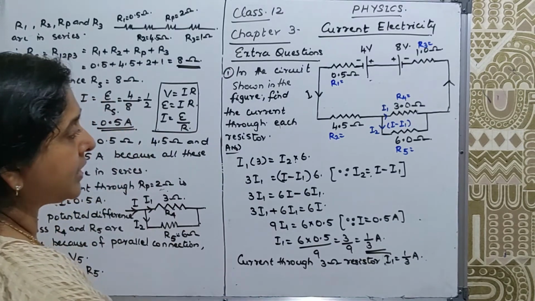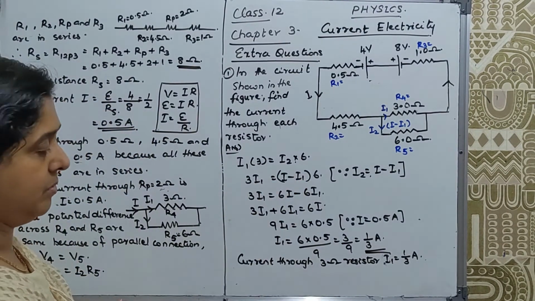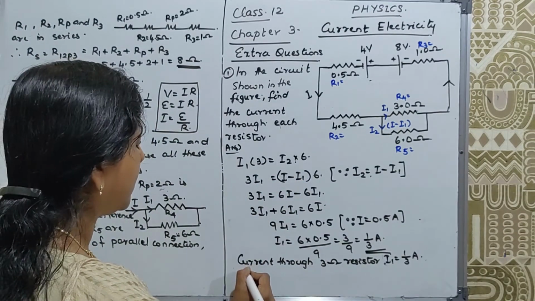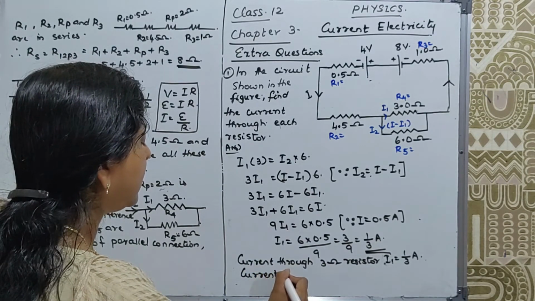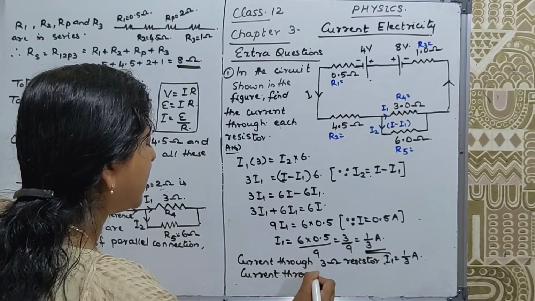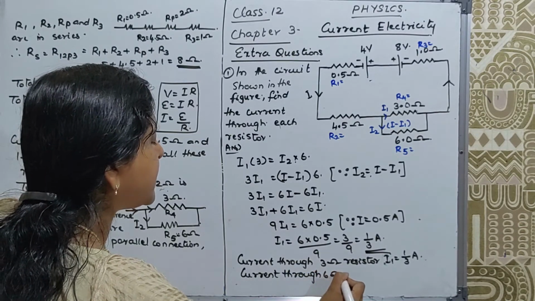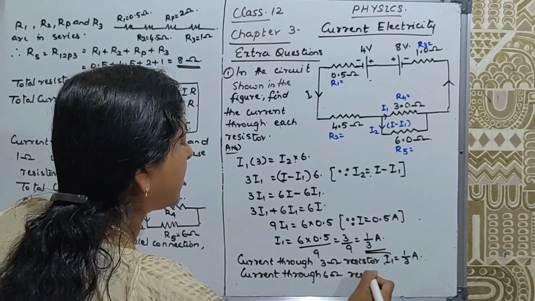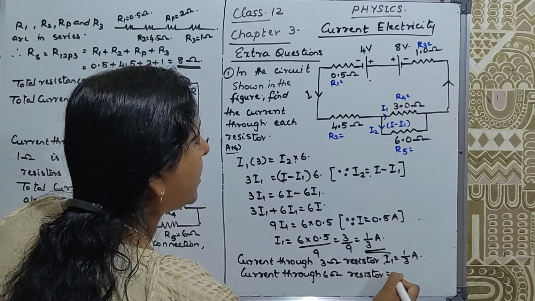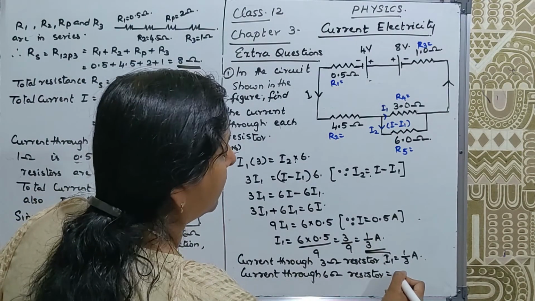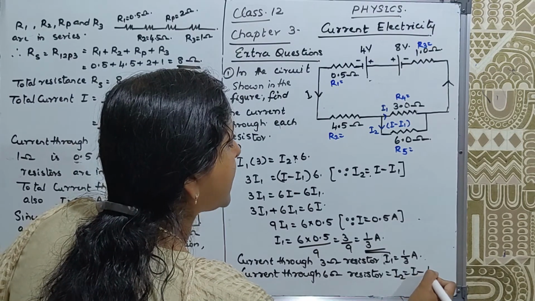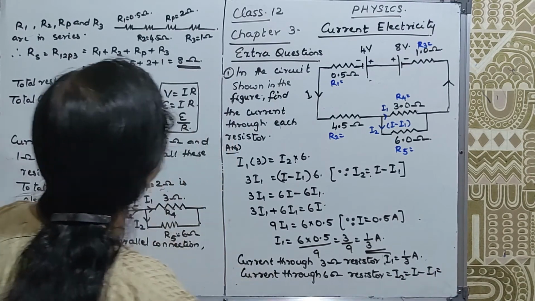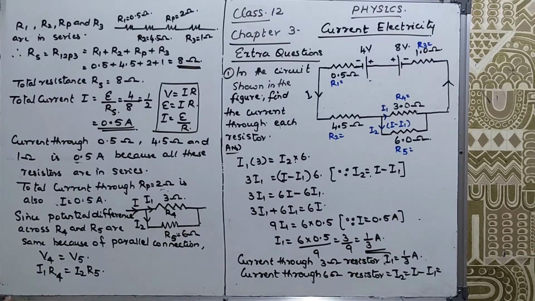Now you want to find the current through the 6 ohm resistor. The current through the 6 ohm resistor is I2 equal to I minus I1.